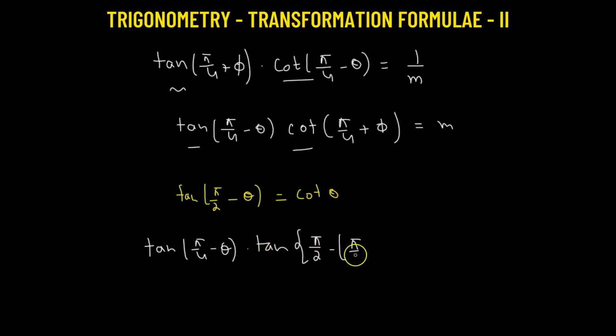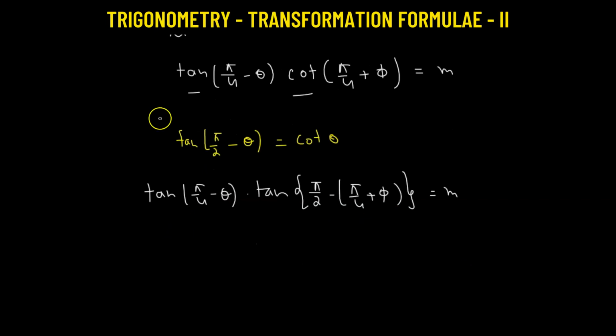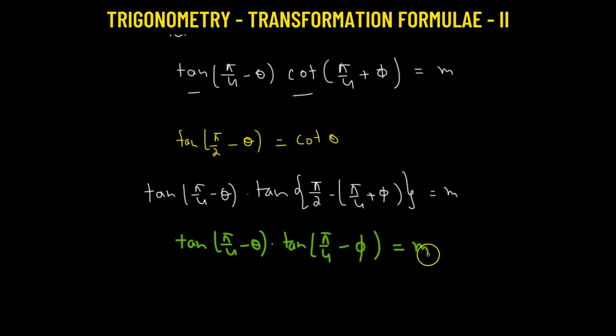The angle is pi over 4 plus phi. This is equal to m. And finally, we should get tangent of pi over 4 minus theta multiplied to tangent of, so we have pi over 2 minus pi over 4, so that will become pi over 4, then we have negative phi. This will be equal to m. So we have successfully found that the product of tangent of pi over 4 minus theta times tangent of pi over 4 minus phi equals m.